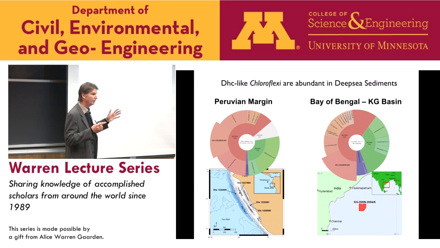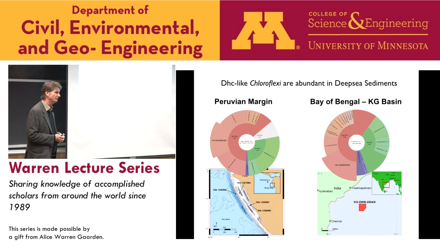So my colleagues that study the oceans and the sediments and the rocks in the deep subsurface in the oceans, they actually found in their metagenomes fairly significant numbers of Chloroflexi. So here, up to 16% of the Peruvian margin, this is the site here, just off the shelf of Peru, 16% of the total population were Chloroflexi that were related to our terrestrial Dehalococcoides.